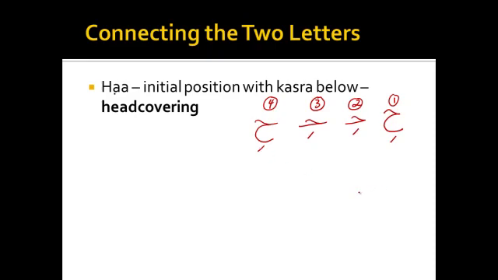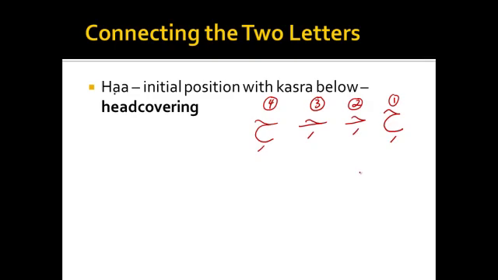Now, let's write the word hijab. Okay? So you hear that hi sound. Well, that's the ha with the kasra. So let's write the ha with the kasra, but which of these forms?